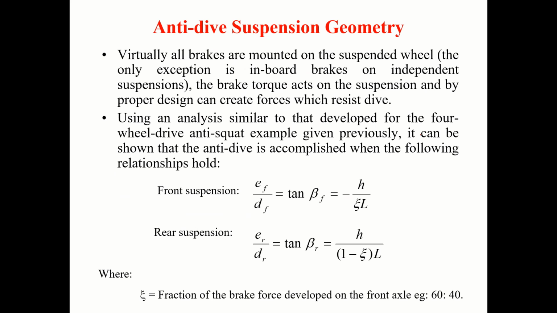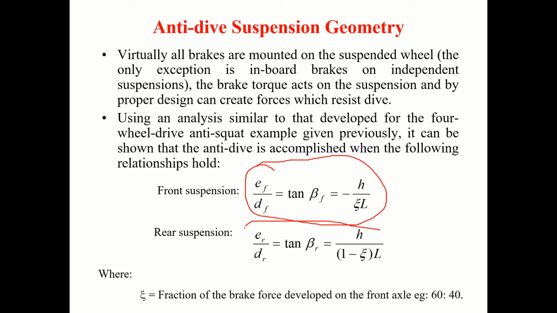If I do the similar analysis, I'll get something like EF by DF is equal to minus H by zeta L. Zeta, suppose it is 60-40, is the fraction of the brake force developed by this axle. Okay, 60% of the load is there, so zeta can be 0.6 like that.